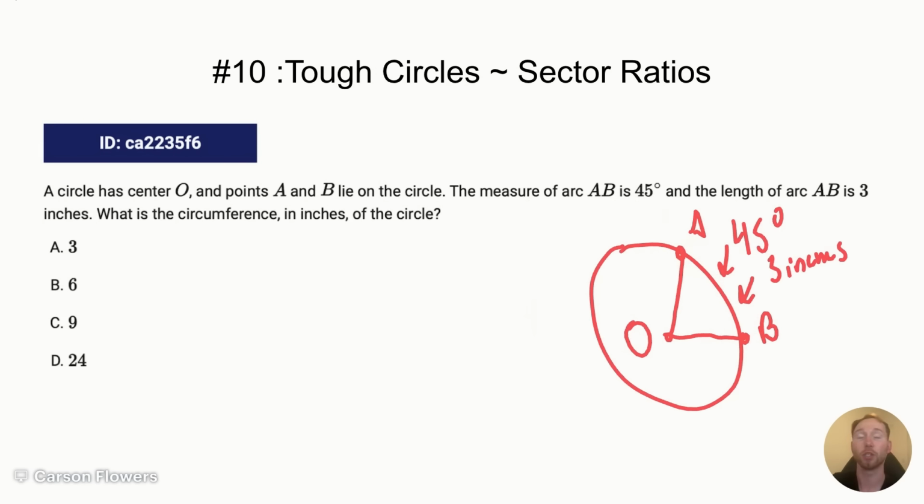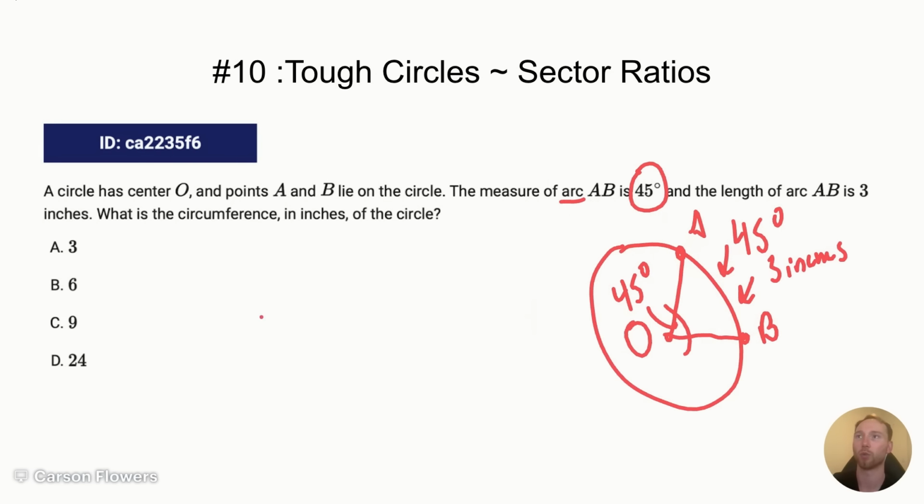If the measure of the arc is 45 degrees, that means the interior angle is also 45 degrees. So we're given the interior angle pretty indirectly by the measure of the arc in degrees. Memorize that the interior angle is the same as the arc measure in degrees, but they also give us the arc length in inches, which will help us solve this problem.